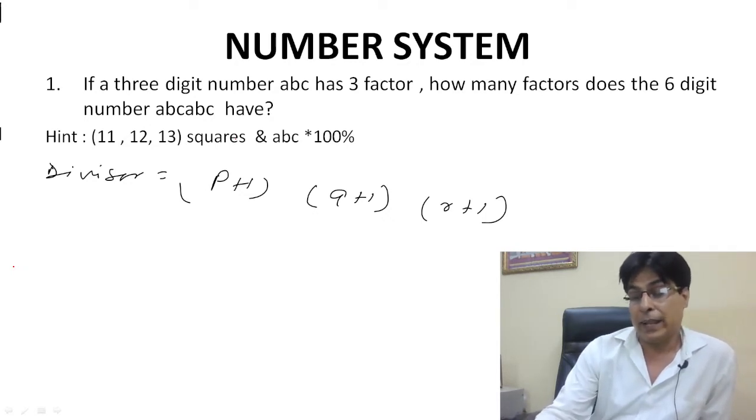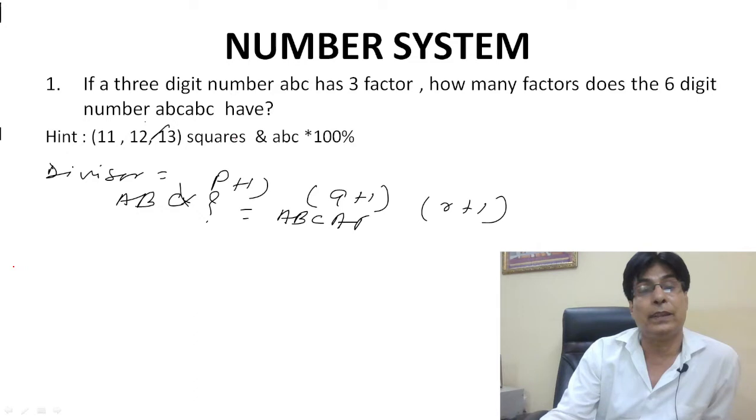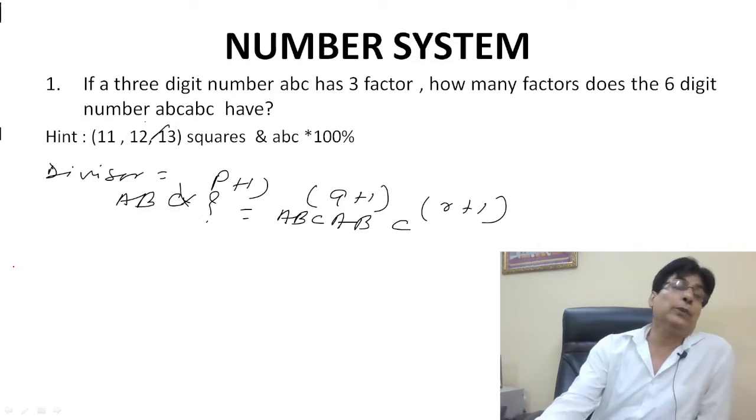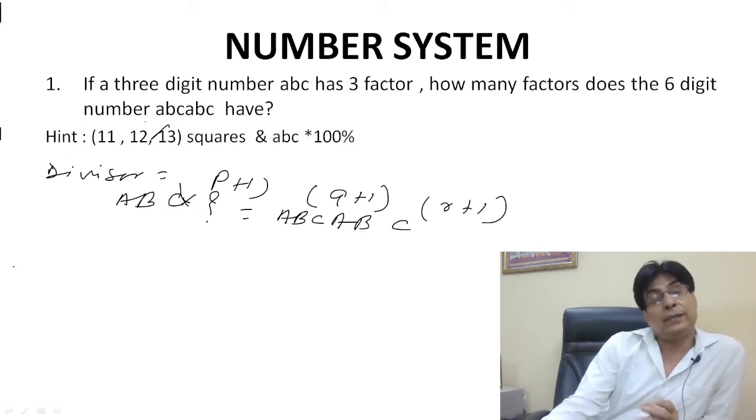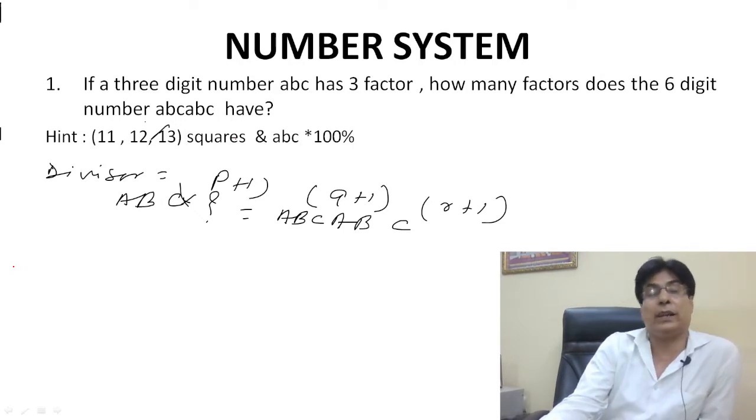The given number ABC is 3-digit, and when it is multiplied by some number, it becomes ABCABC.